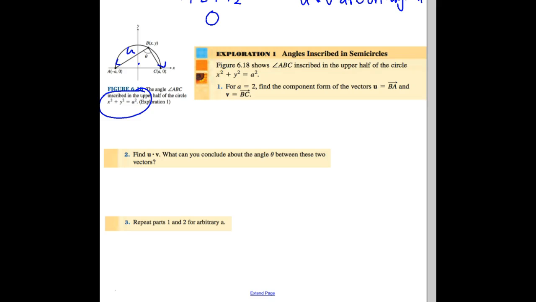Okay, so we're going to take A minus B, the coordinates of those. So vector U would have components A minus B, so negative A minus X, and 0 minus Y.